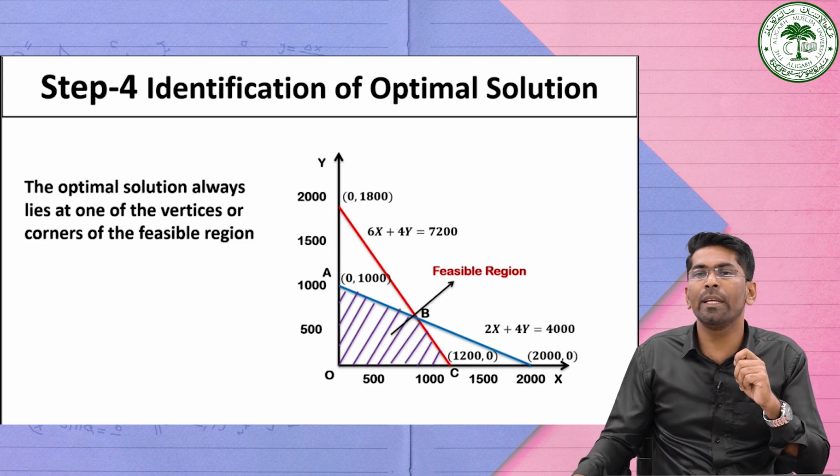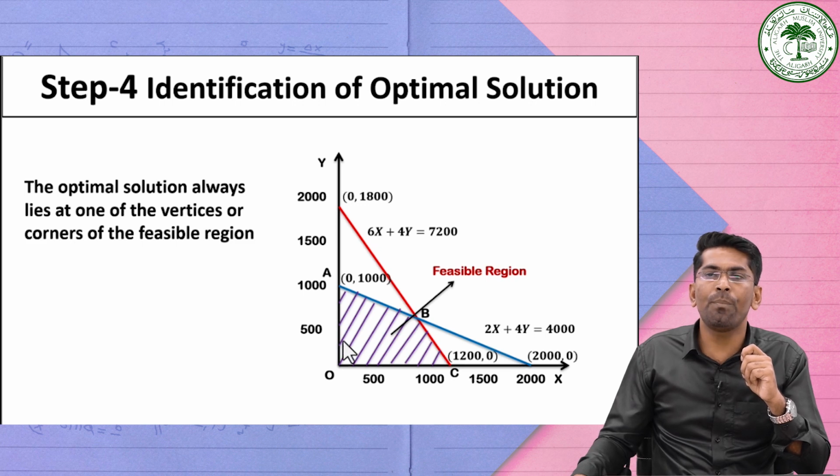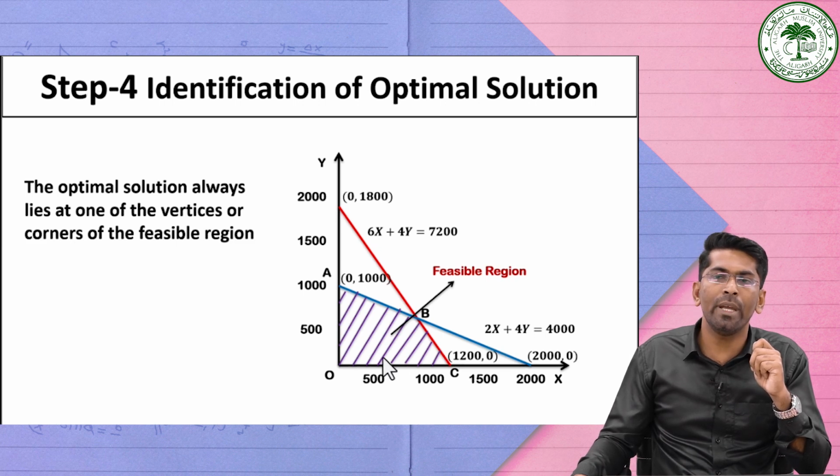So in the feasible region, we can see there are many points that satisfy the constraints simultaneously. That is here O, A, B, C. So out of these, which will be the optimal point? For that, the optimal point always lies at one of the vertices, or the corners of the feasible region.